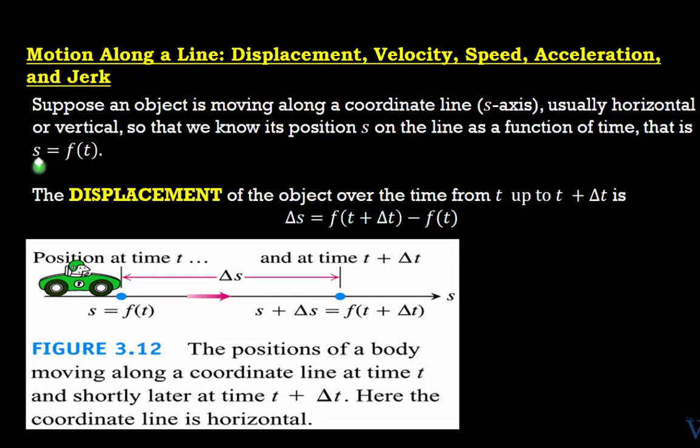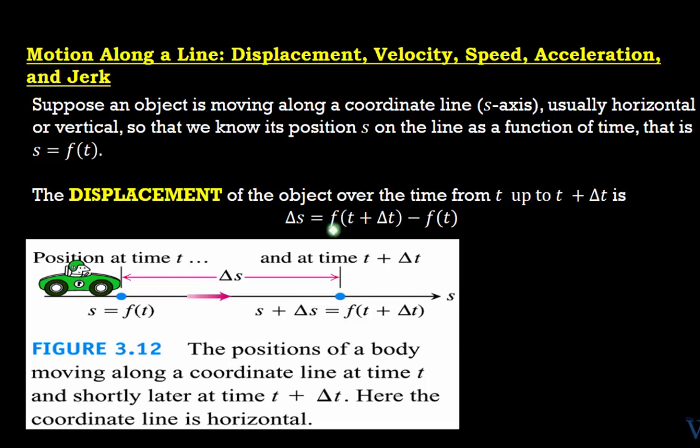That means this is the position as a function of time. The displacement of the object over the time from t up to, say, t plus delta t, could be h, that's the same as h, or it could be delta x. So that's just change.